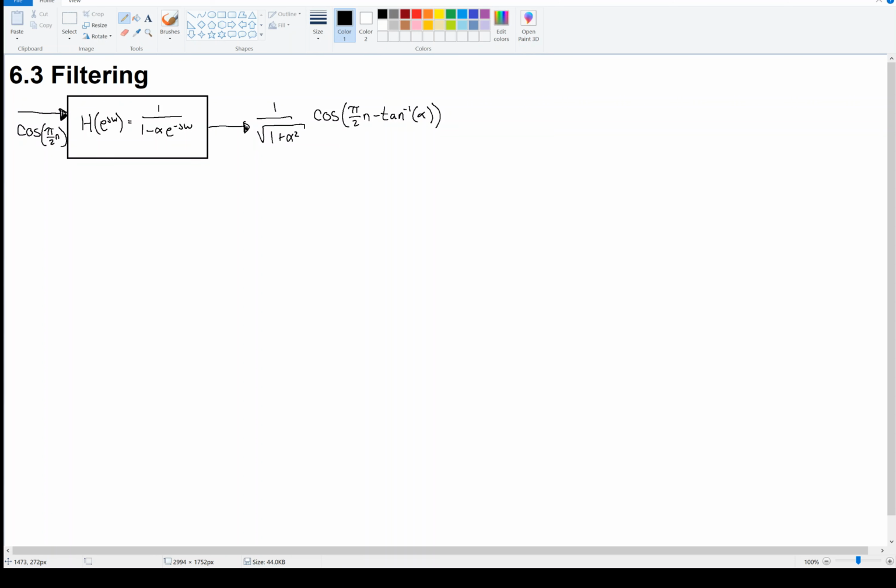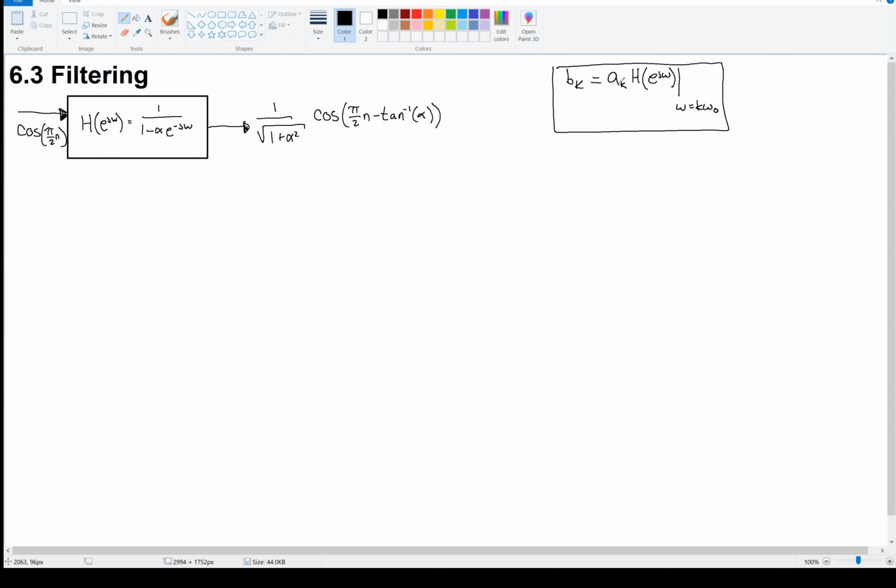That's the result. And one of the things that we needed to come up with that was the fact that the output Fourier series coefficients were the input Fourier series coefficients multiplied by the frequency response evaluated at k omega 0. That was very important to this problem. Now, remember what the Fourier series coefficients are telling us.